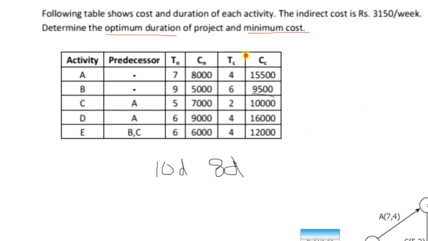What are those terms? Tn is the normal time duration of an activity. To complete activity A under normal conditions, we need 7 weeks. Like that, for B we need 9 days, for C 5 days, for D 6 days, and for E 6 days.